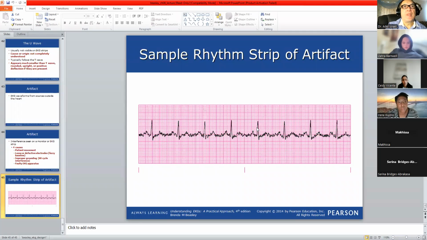Look, if you look at this strip, it is giving this wave. You see these waves? These waves appear when the patient feels cold, or is talking, or improper grounding. What do we mean by improper grounding?